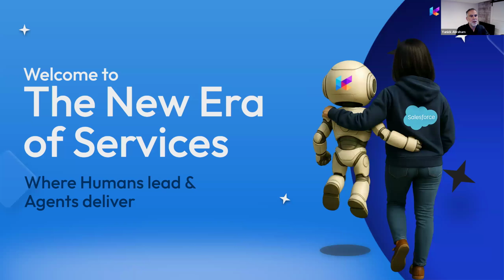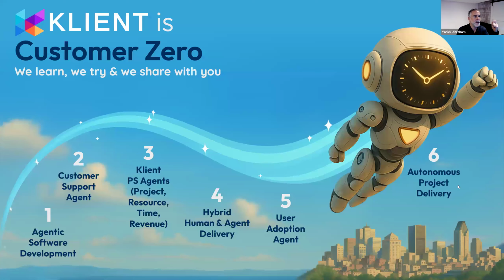And this is as well where we launched our AI initiatives and where we launched our new messaging, which is the new era of services where humans will lead, but agents will deliver. So this is really where we're going. You've seen it in our latest webinar. We are all in on AI, and where we are at in terms of deploying that AI.